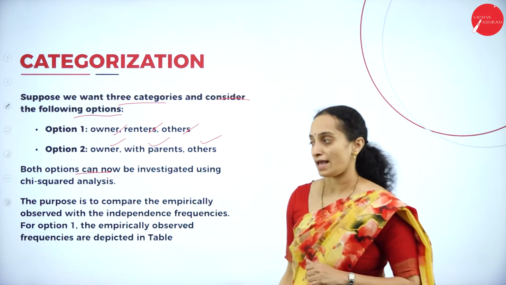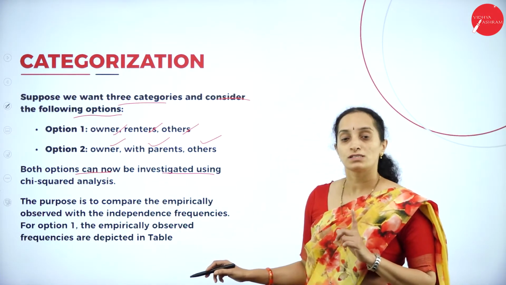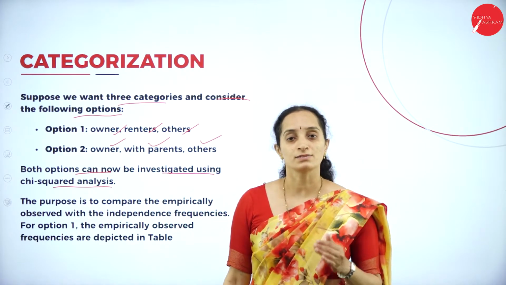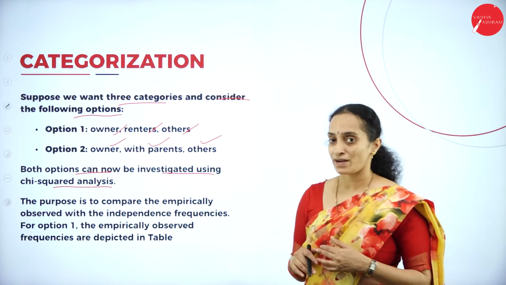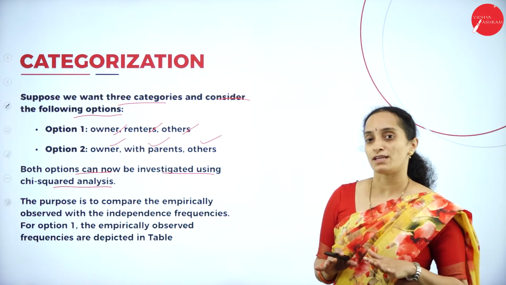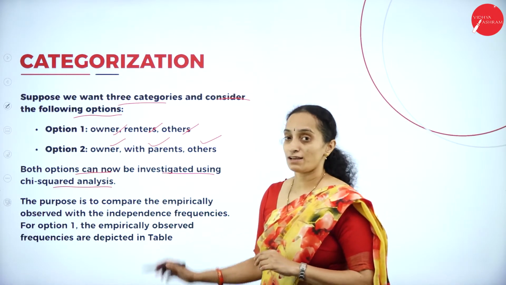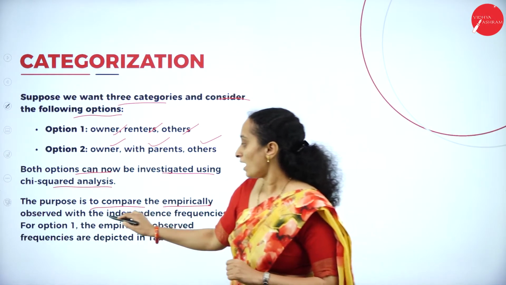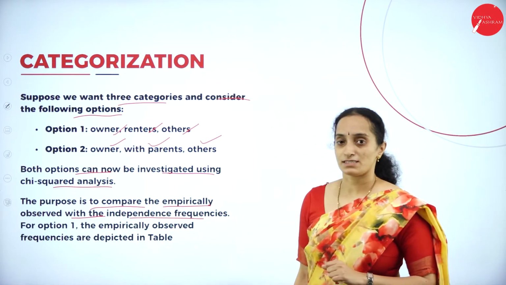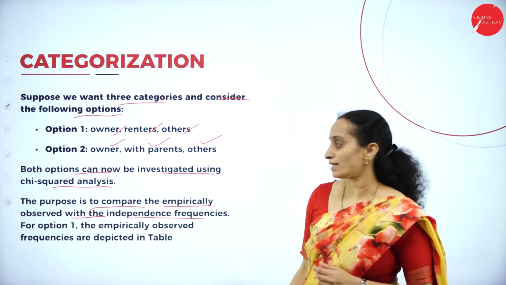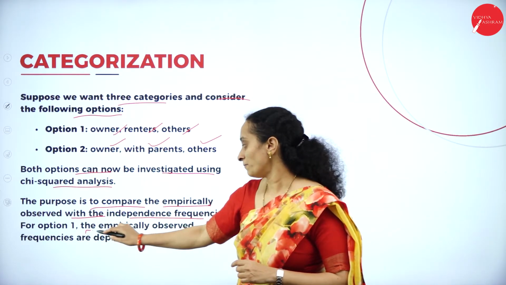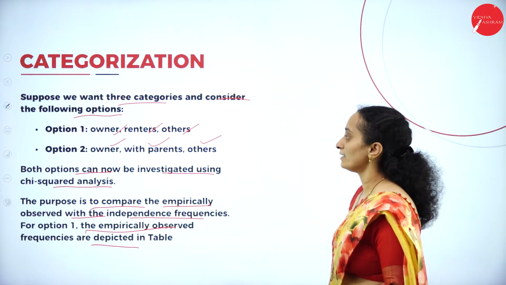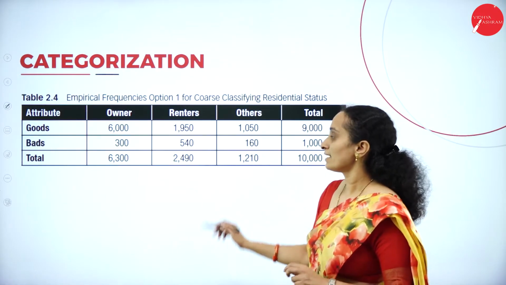Both options can now be investigated using chi-squared analysis. You can perform a chi-squared analysis which considers the independence of the variables from other variables. The purpose is to compare the empirically observed frequencies with the independence frequencies, how much they are independent from other values. For option 1, the empirically observed frequencies are depicted in the table: owners, renters and others.